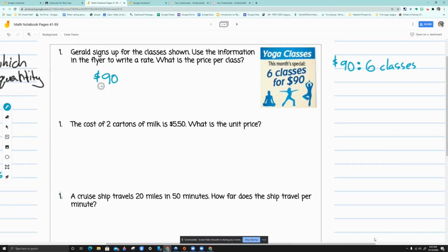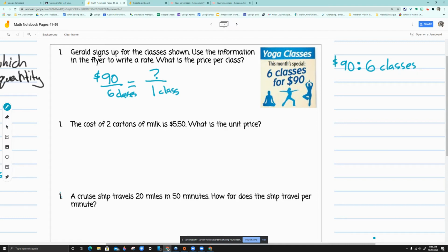I could write it as a fraction like this: $90 for 6 classes equals how many dollars for 1 class? And Gerald probably wants to know how much he is going to spend for each class when he's taking these yoga classes, right?